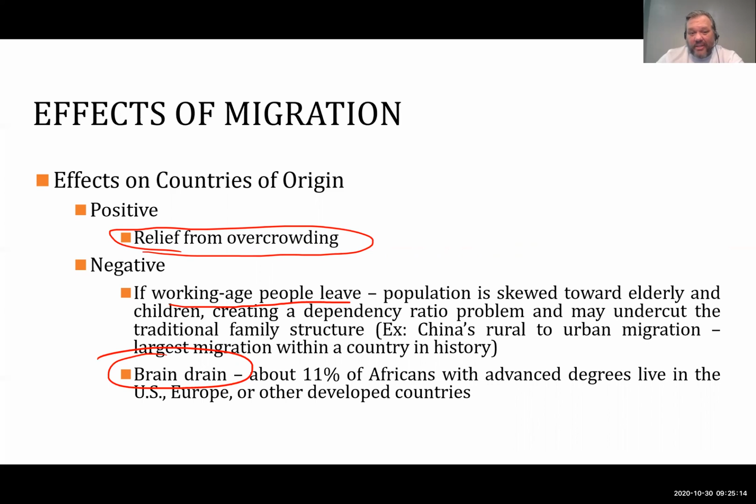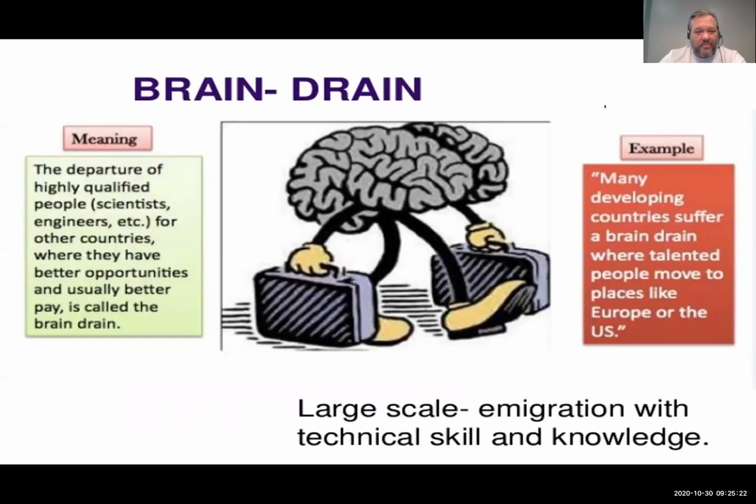And so that is the really significant and real downside of large out migrations of young educated people.